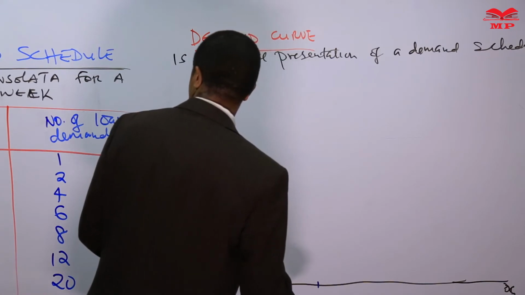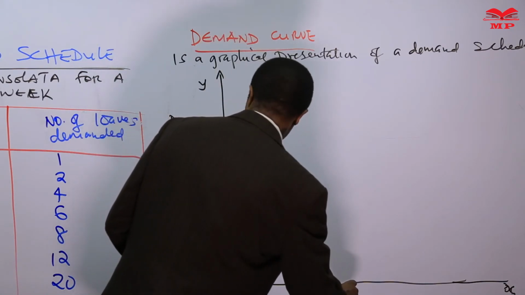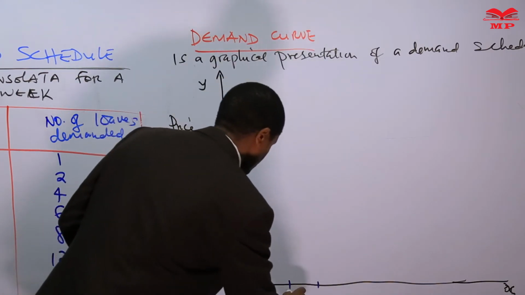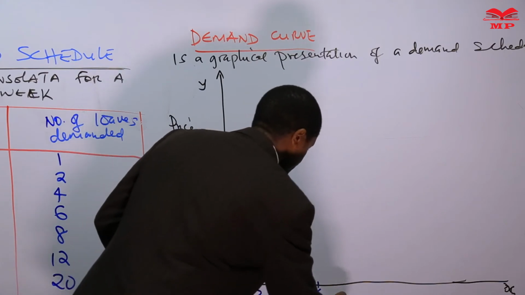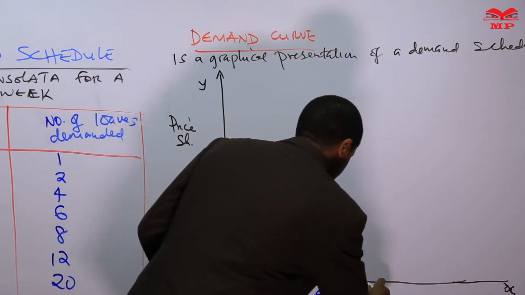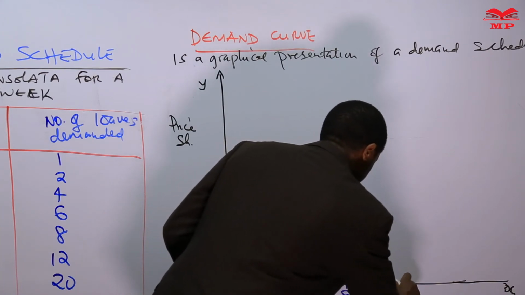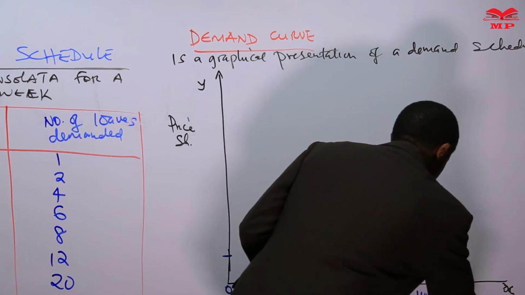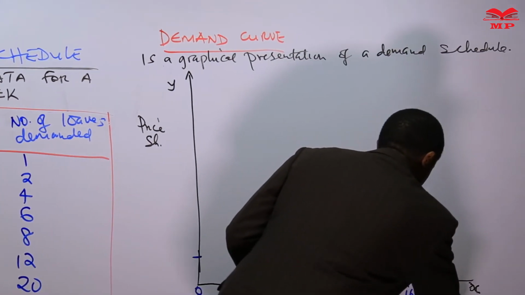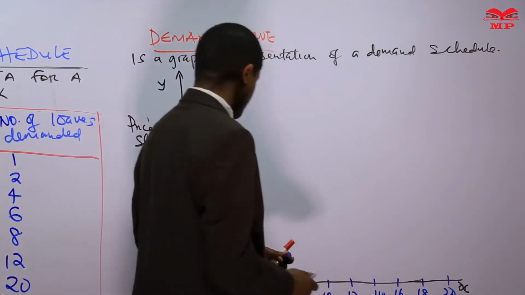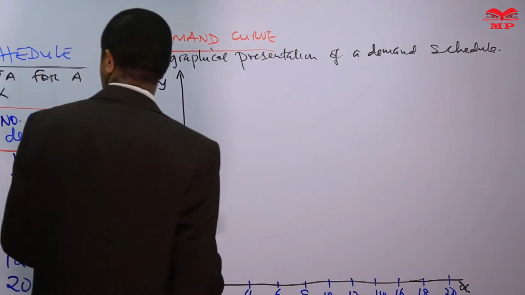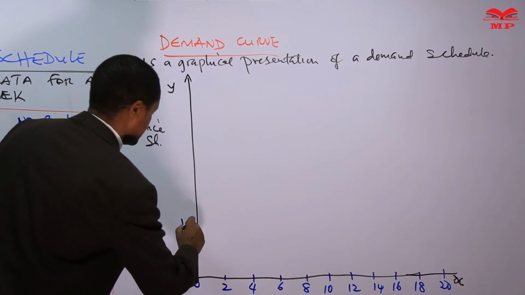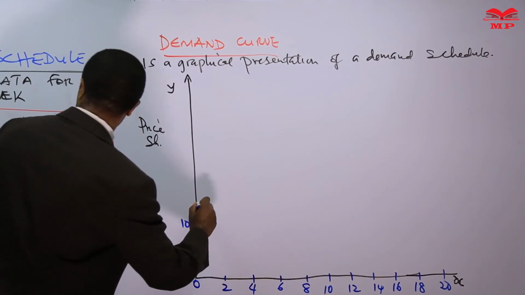I can have it at 2, 4, 6, 8, 10, 12, 14, 16, 18, 20. Then on the y-axis, you can have 5, 10.